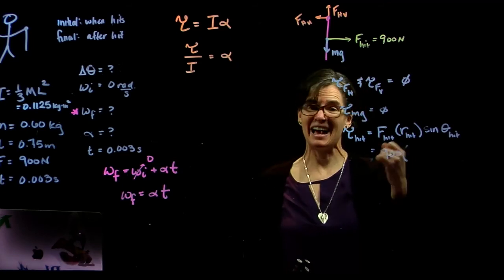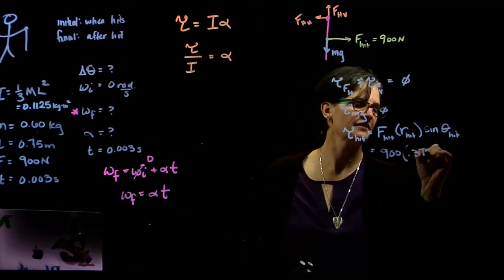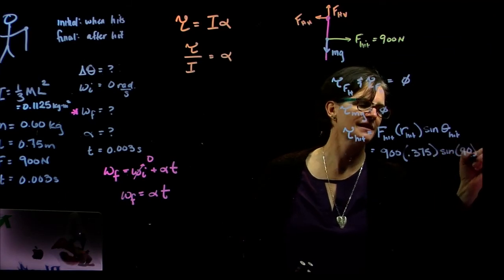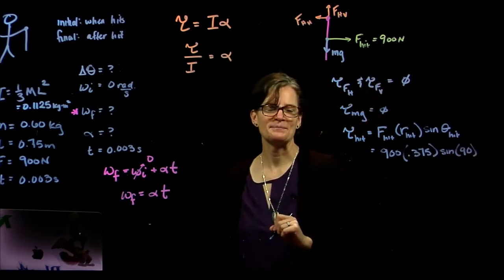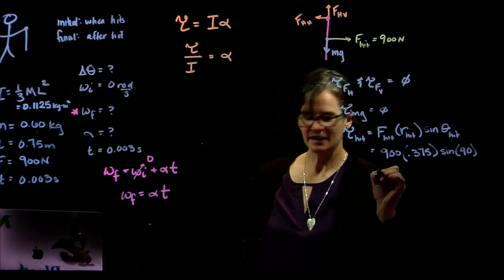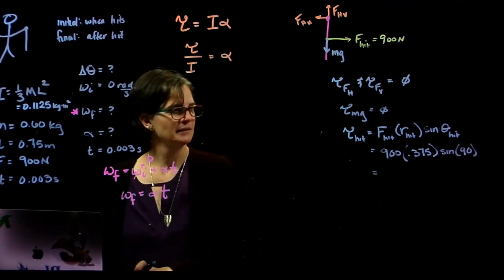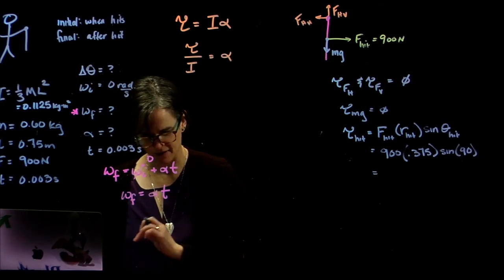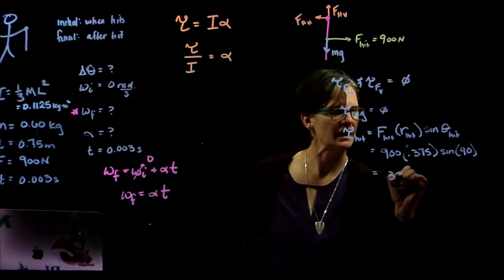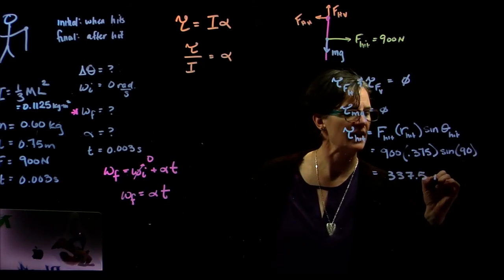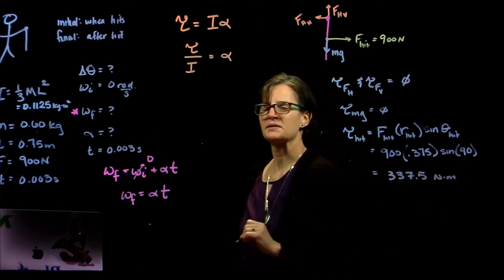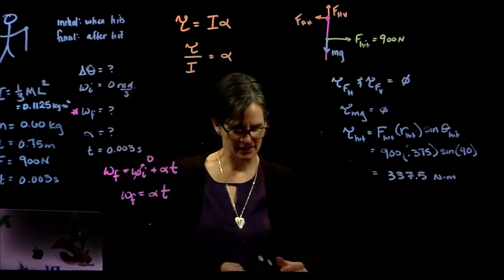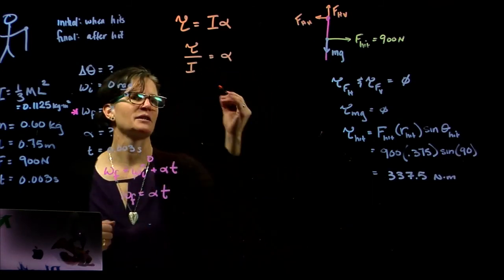It's acting at half the length, so 0.375 meters, and it's acting at a positive 90 degrees. All right, so the torque given by the hit is 900 times 0.375, which is 337.5 Newton meters.